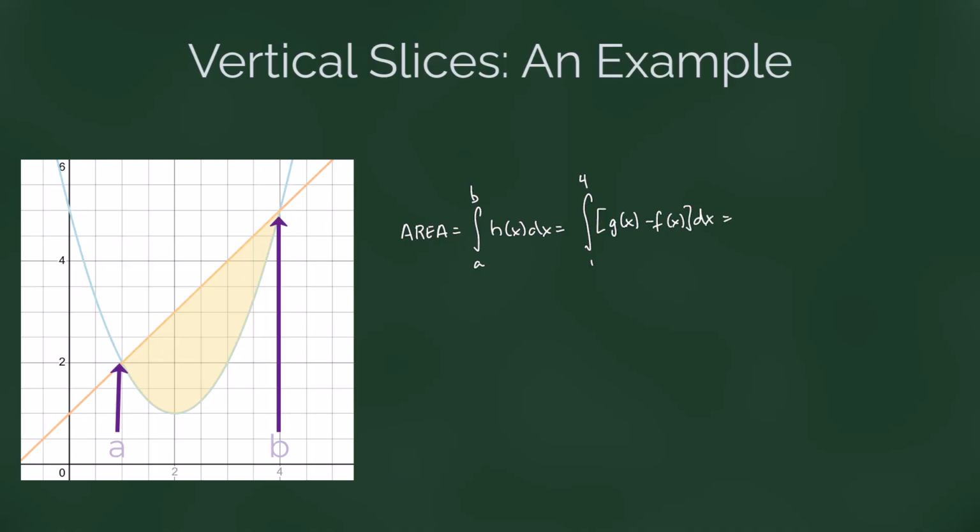which then becomes the integral from 1 to 4 of the function x plus 1 minus the function (x minus 2) squared plus 1 dx.